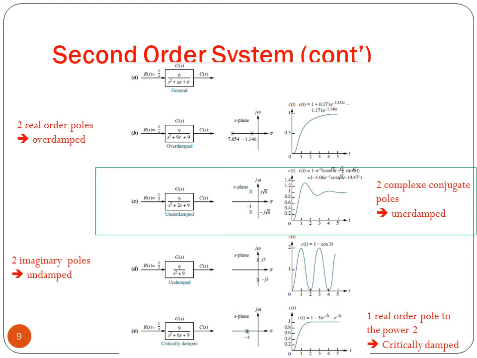For the underdamped, the two poles are complex conjugate, thus zeta is strictly between 0 and 1. For the undamped, we have zeta equal to 0, and the system is oscillating in a constant way. And at last, for the critically damped systems, we have a real pole of order 2, and here zeta is equal to 1.